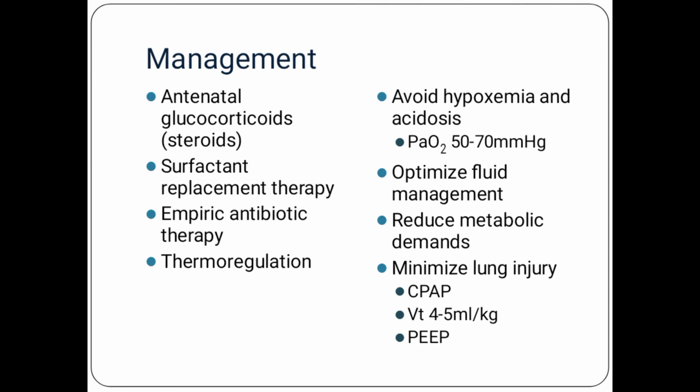Surfactant replacement therapy, empiric antibiotic therapy, thermoregulation, avoid hypoxemia and acidosis. That is, we have to keep the oxygen level at 50 to 70 mmHg, optimize fluid management, reduce metabolic demands, minimize lung injury. Or CPAP we can use, VT 4 to 5 ml per kg, and PEEP we can use.